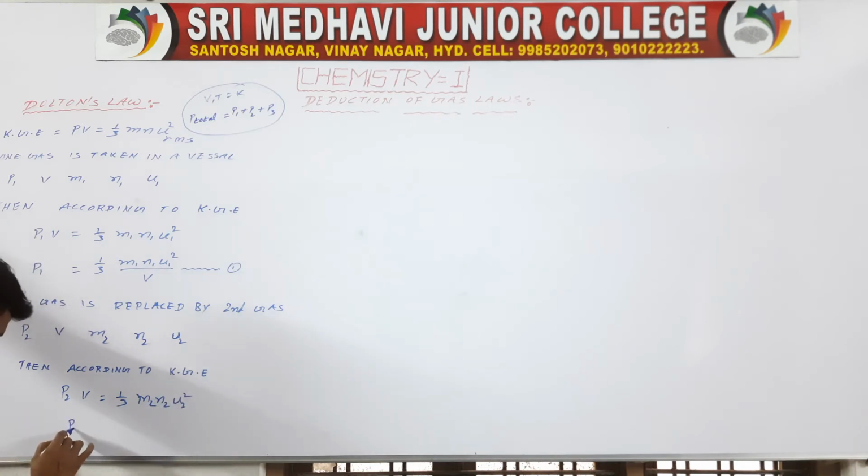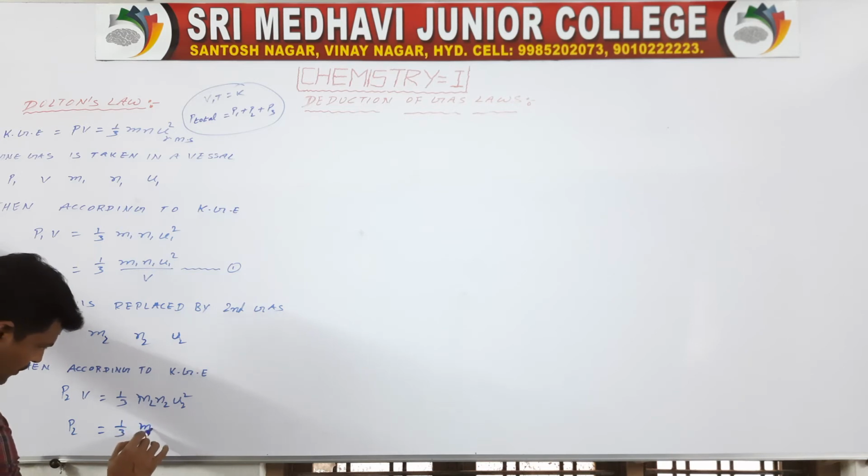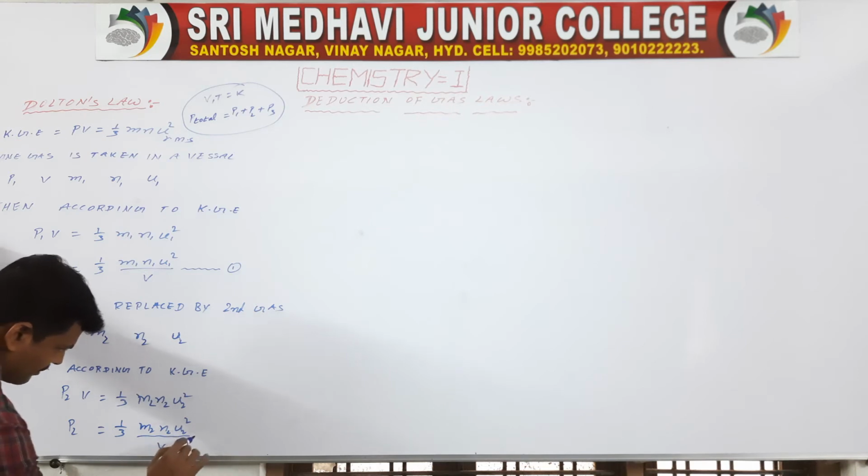So I want P2 equal to 1 by 3 m2 n2 u2 square by V.